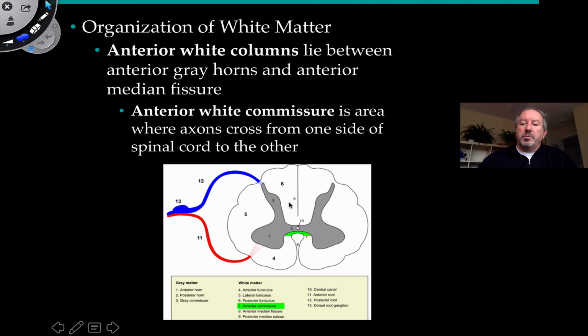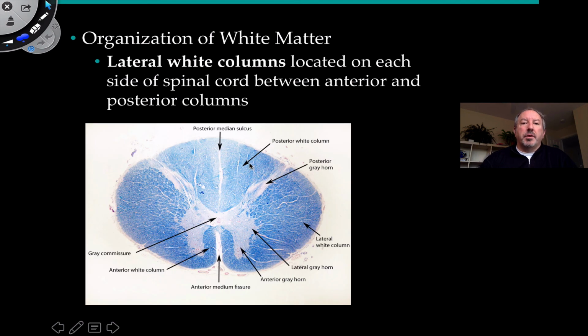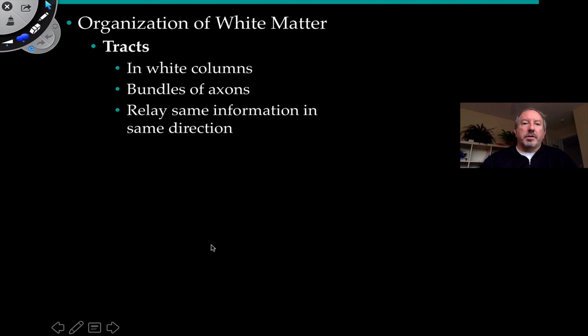Okay, so the white matter. And so the lateral white matter, which is shown over here and over here on both sides of the spinal cord. So you have posterior white columns, you have lateral white columns, and you might have guessed it, anterior white columns as well.